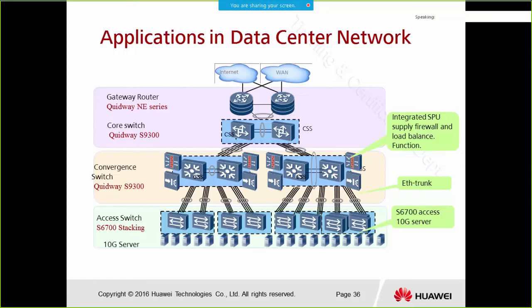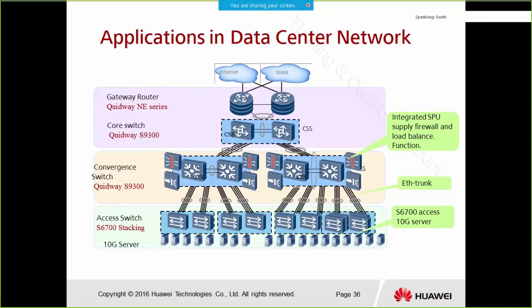And for applications in the data center network, we can deploy S67 in the access layer for servers to access. Then use Eth-Trunk to connect to the aggregation layer.